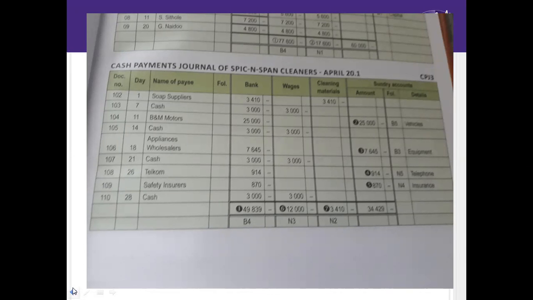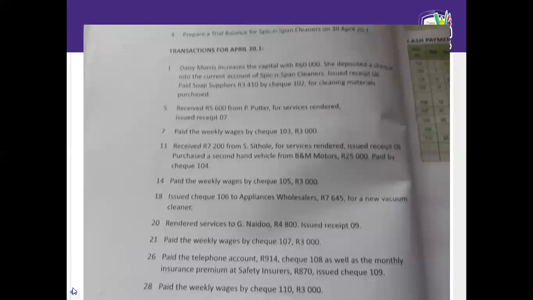Right, with name of payee or details, can you guys see the little word cash is there? Now, let me go quickly back to the transactions. Look at the 7th. Do you see a name of a business in that transaction? No. If you don't see a name, then you write the word cash in the CPJ.